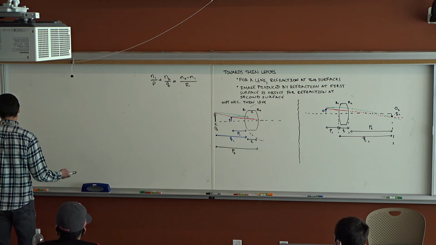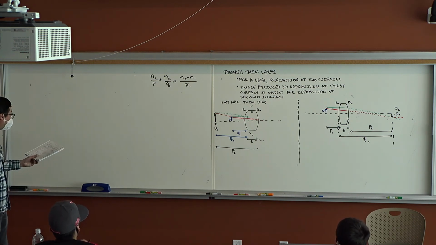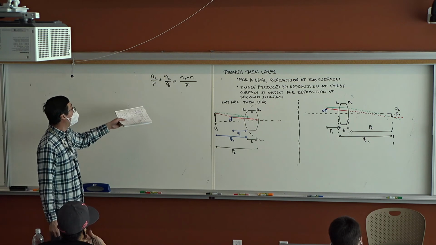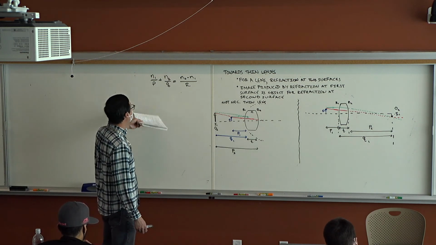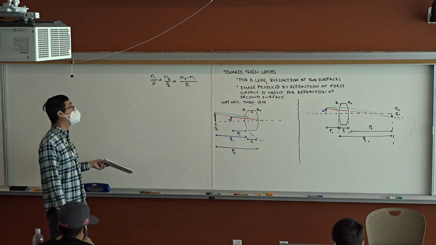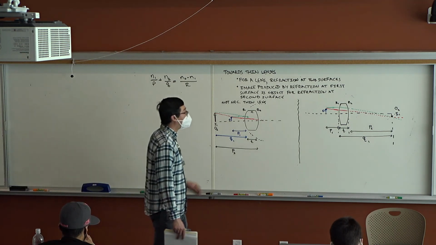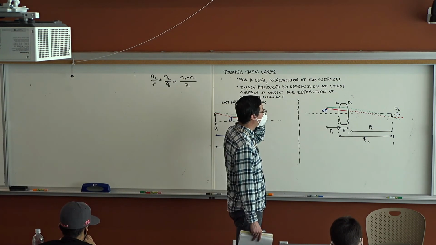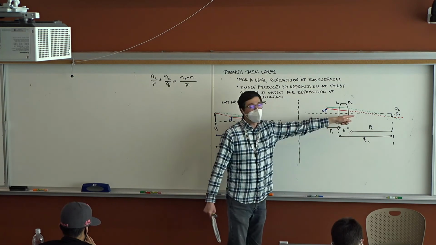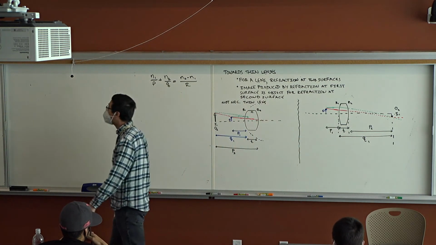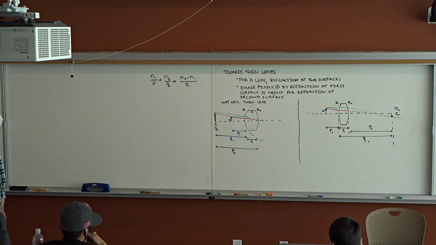We won't get all the way through this. We have our equation, n1 over p plus n2 over q is n2 minus n1 over r. For our first pass through this, let's assume that there's air on either side of the lens. And so in that case, what is n1? 1. Yeah?